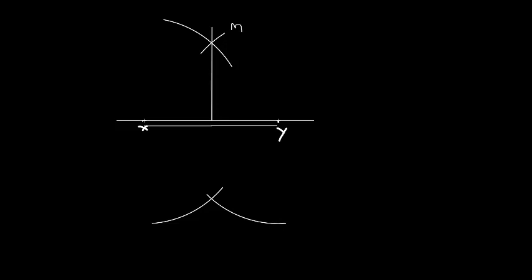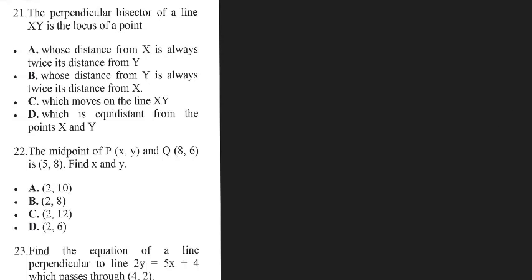Can you see? So that is the assumption. So if that's the case, now our answer will be D, because it is equidistant from the points x and y. Simple. So the answer is D. Let's move to the next question.